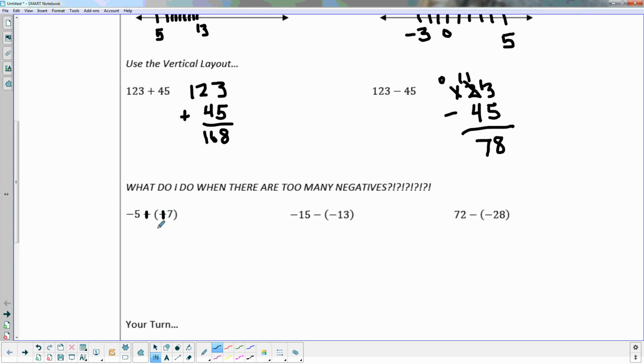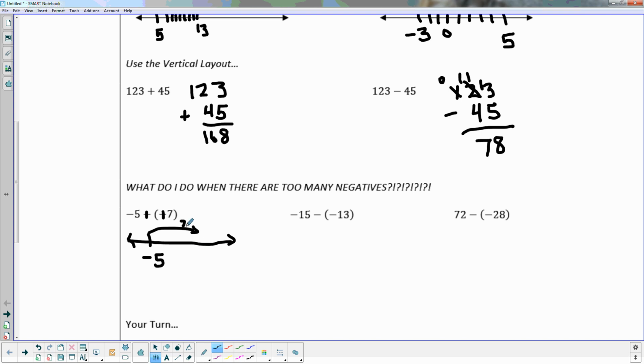All right? And you could look at that on the number line. On the number line, you'd be starting at -5, and you want to subtract, so you want to go left. But then when you subtract a negative, it actually turns it into going the other way. So I'd end up going this way, 7.